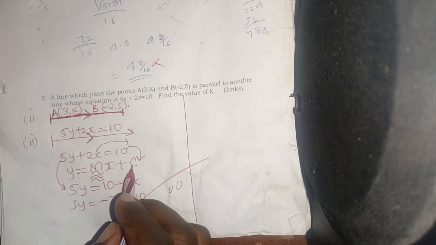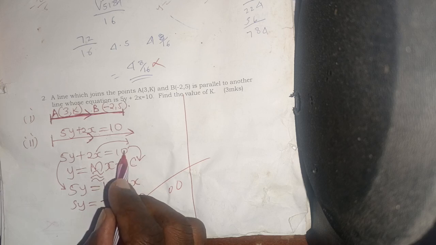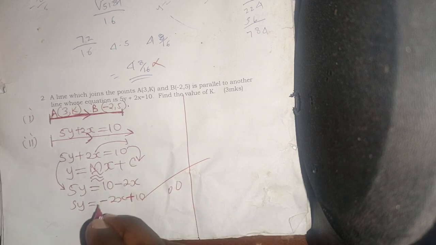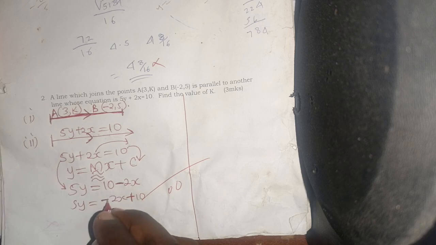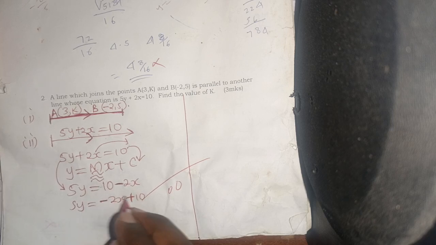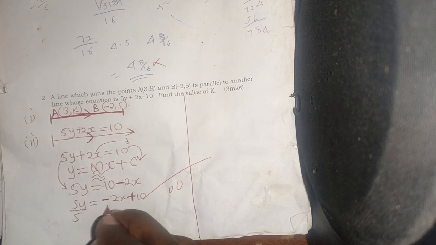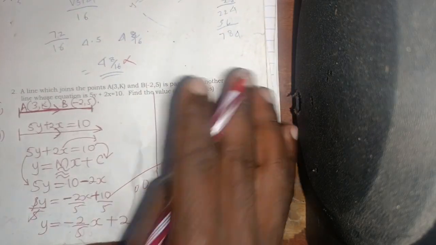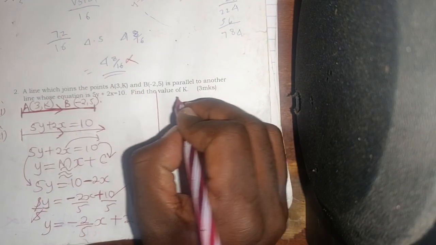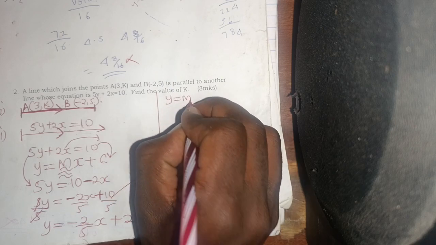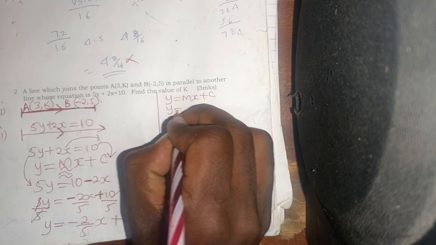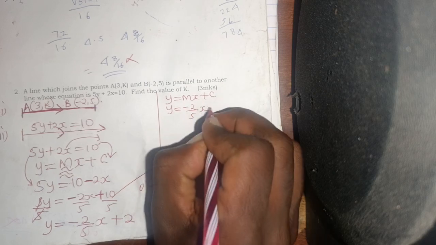You have to start with mx, then go to c. The c is the constant, which is 10, so it has to be written last. So it will be -2x, then plus 10. I'll divide both sides by 5, so y = -2/5 x + 2, of course, since 10 divided by 5 is 2.